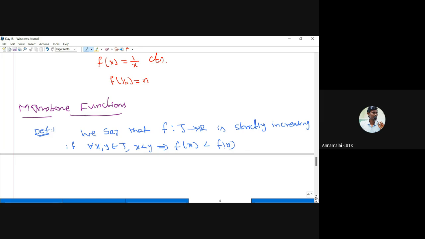Whenever x is less than y, then f of x is less than f of y for all x, y, then we say the function is strictly increasing.